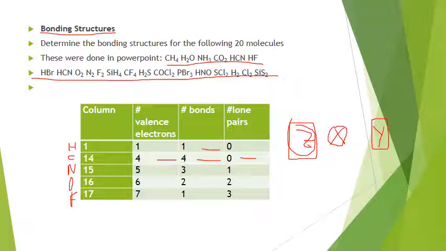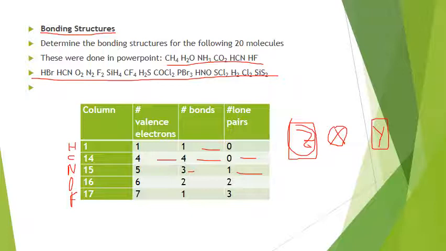Nitrogen and anything under it, like phosphorus, will have 3 bonds and 1 lone pair if it's on the outside. Oxygen and elements under it, like sulfur and selenium, will have 2 bonds and 2 lone pairs on the outside. And fluorine and elements under it will get 1 bond and 3 lone pairs. Then you count up the number of dots, and if there are dots missing, you put them in the middle.